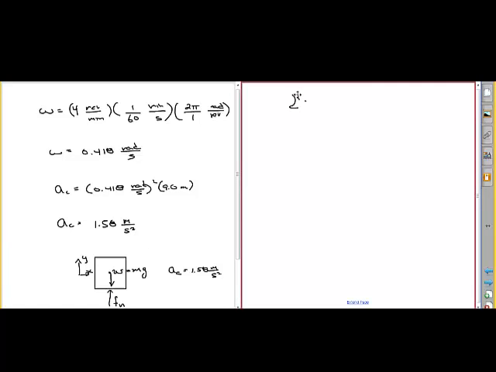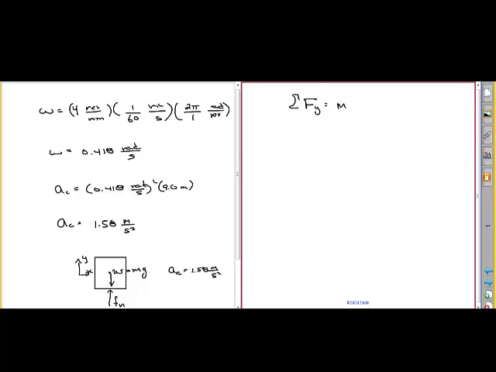So if you do the sum of the forces in the y direction, they don't equal 0. Even though the velocity in the y direction is 0, you still have an acceleration because you're changing from going down to going up. Your tangential velocity is constant in magnitude, but you have a change in the direction.